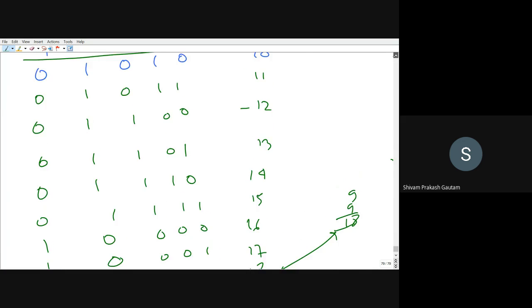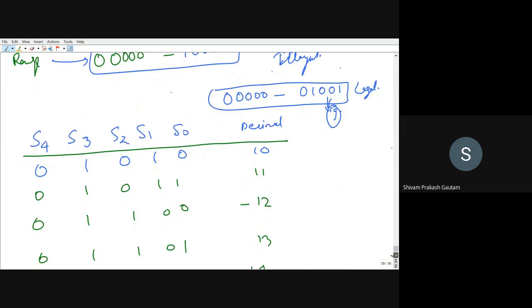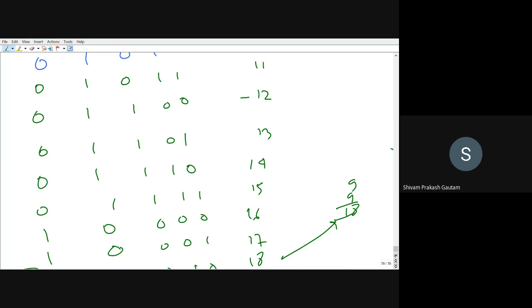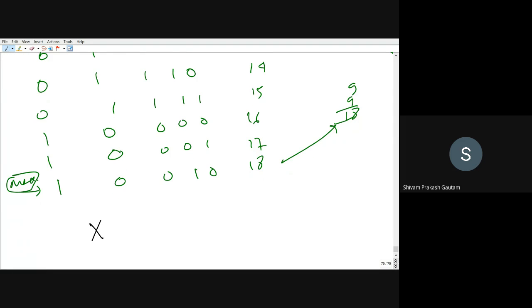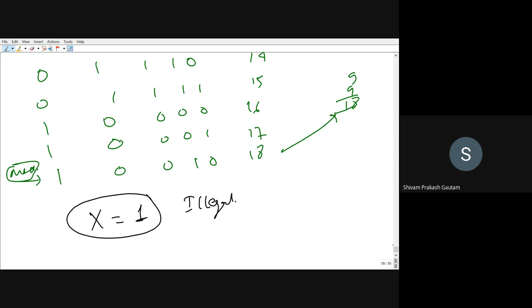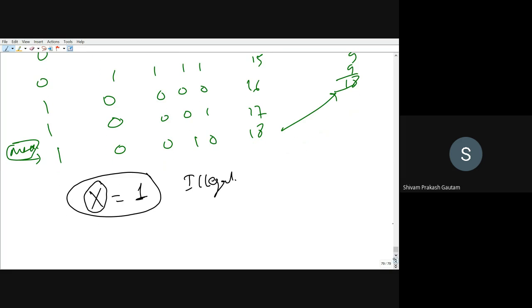Now we have to develop a logic that will tell us that our sum bit is illegal. Let us say that logic is X. This X will always be 1 if our bit is illegal. So we have to define this X with the help of logic.